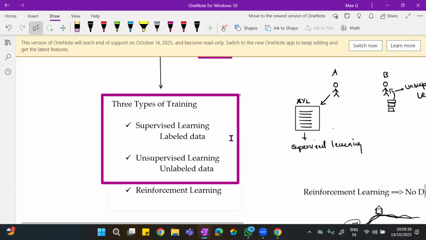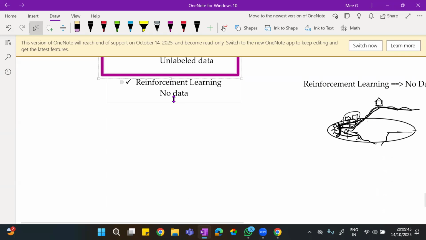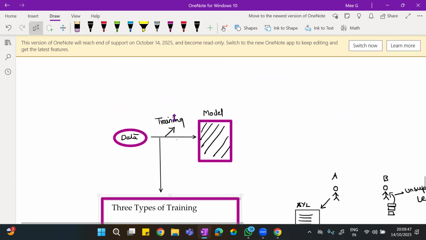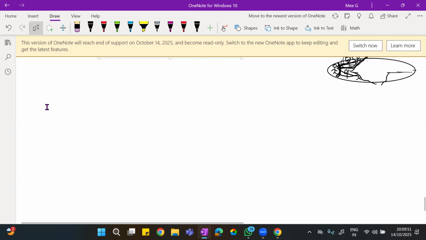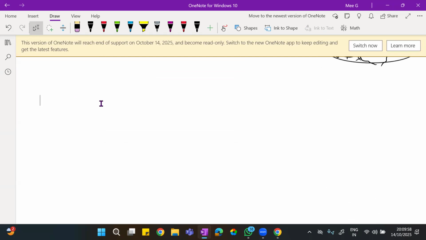And in reinforcement learning, there is no data. As of now, supervised and unsupervised are there. Reinforcement is there, but still a lot of things have to be done.